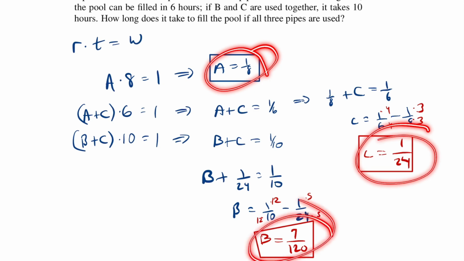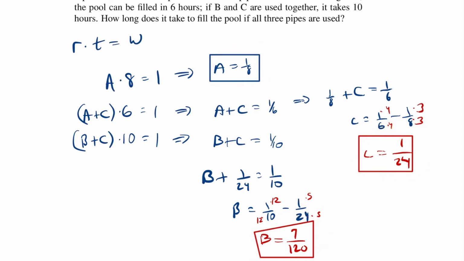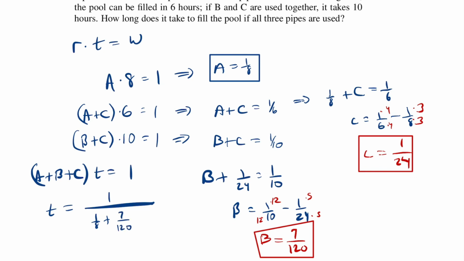All right, well, let's see what the LCD is. The LCD is going to be 120. So 120 divided by 8, it's going to be times 15. It's going to be 15 plus 7, because that's times 1.